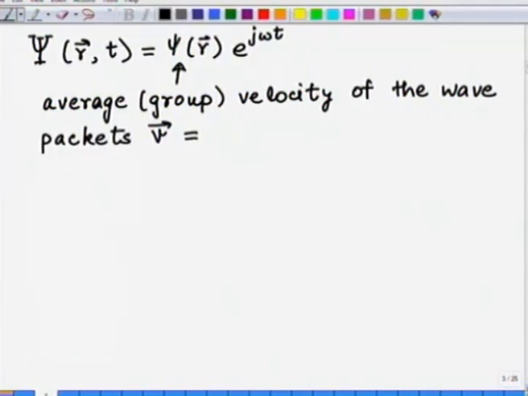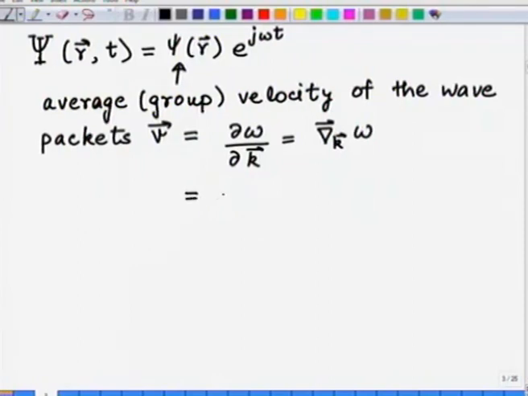So, if that velocity is simply given by the dispersion relationship, that is ∂ω/∂k vector, which succinctly in another form can be written as the gradient with respect to k of ω.